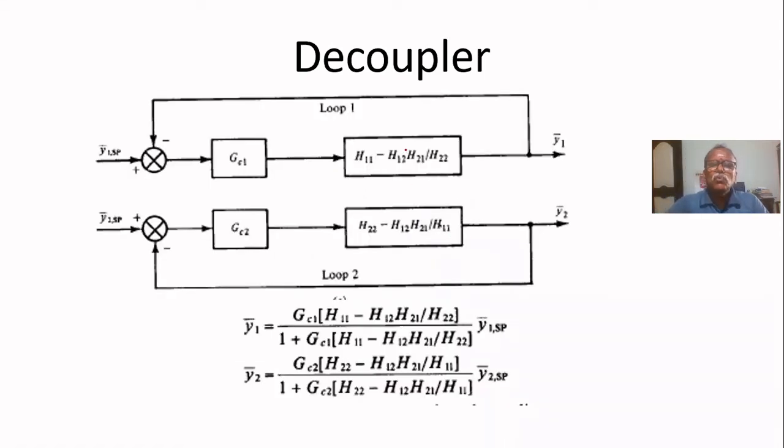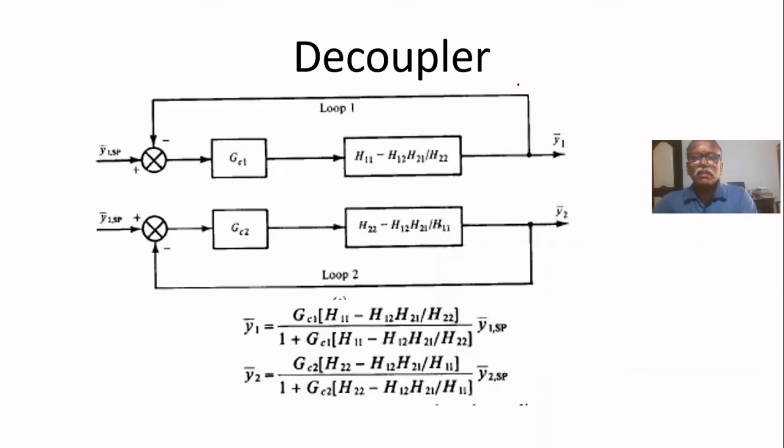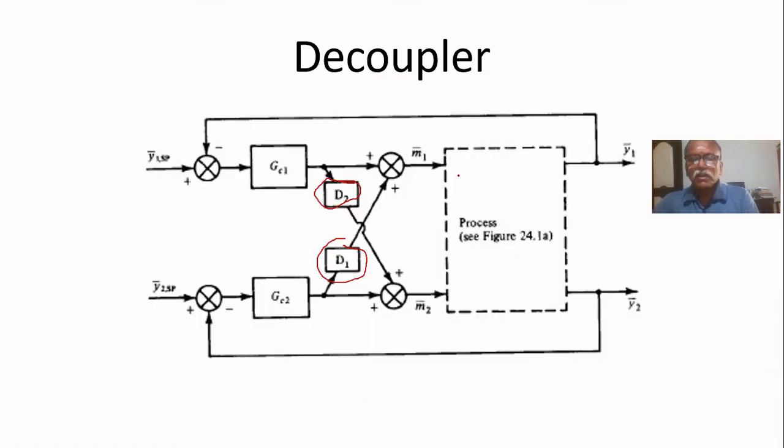If you do the block diagram reduction for this, then you will get it like this. How many paths are there? This is one forward path, and this is another feedback path.